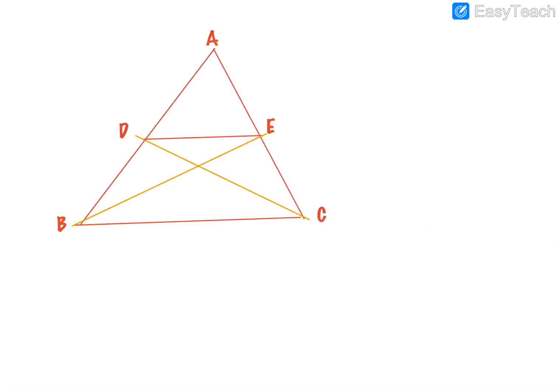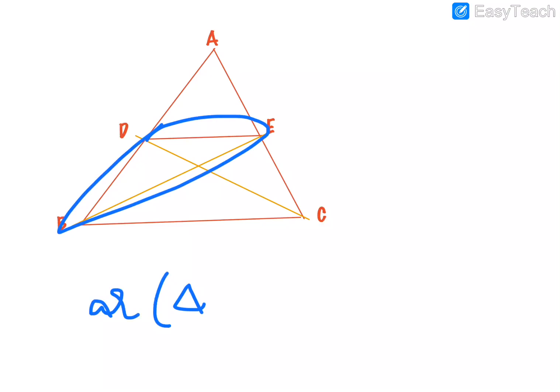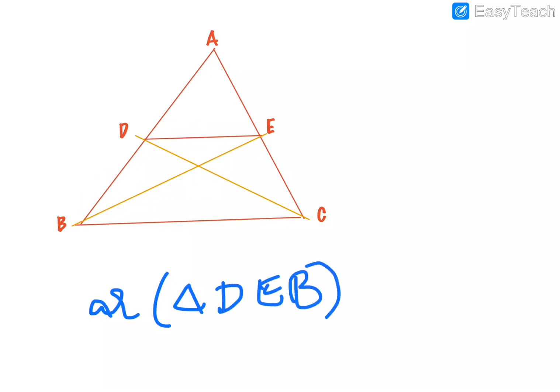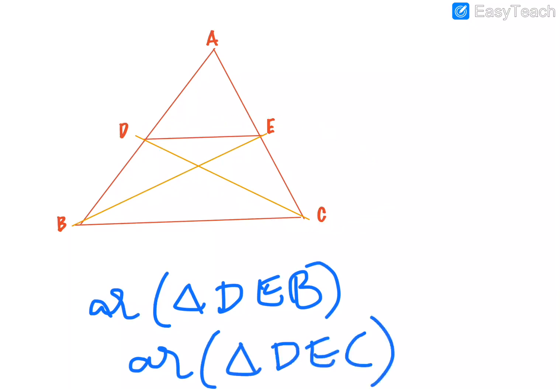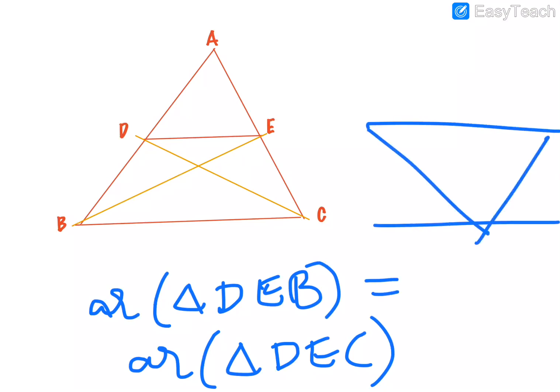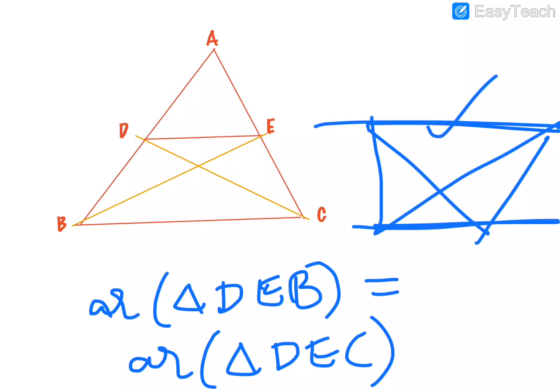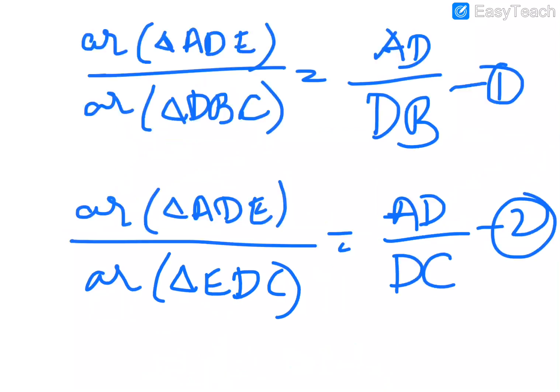So using that logic we can write area of triangle DEB and area of triangle DEC, both are equal. What is the logic? That both lie between same parallel lines and both lie on same base. The base is the same and they lie between same parallel lines, so both are equal in area.